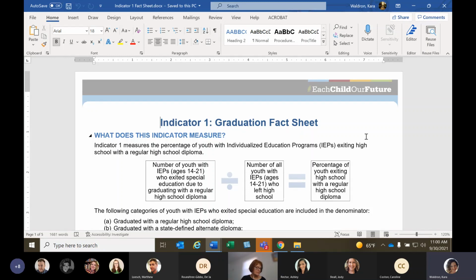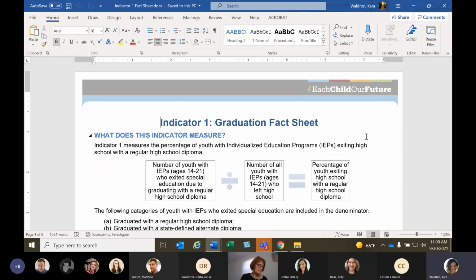At the same time that all of that was swirling in Ohio, and continues to swirl in terms of changing graduation requirements, we also have an implementation of a new definition at the federal level, not just for IDEA, but also with the Every Student Succeeds Act, in terms of how a regular high school diploma is defined.